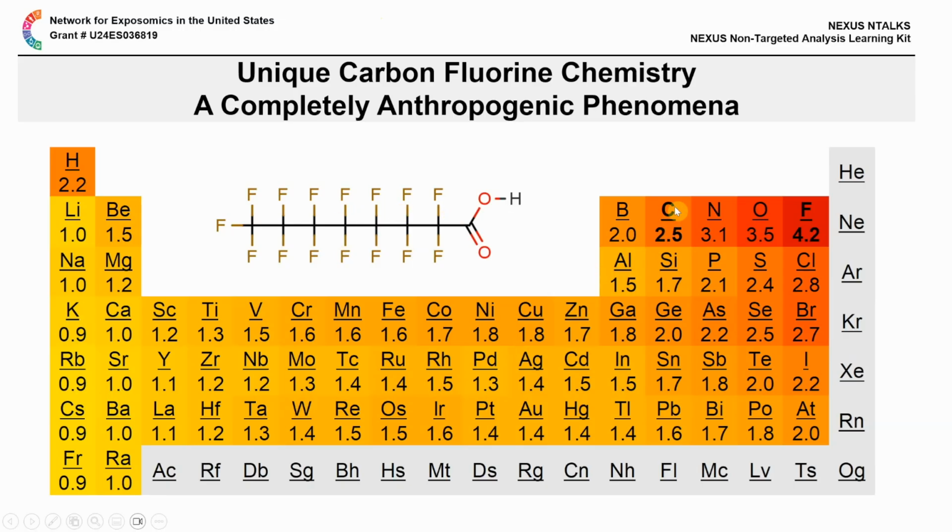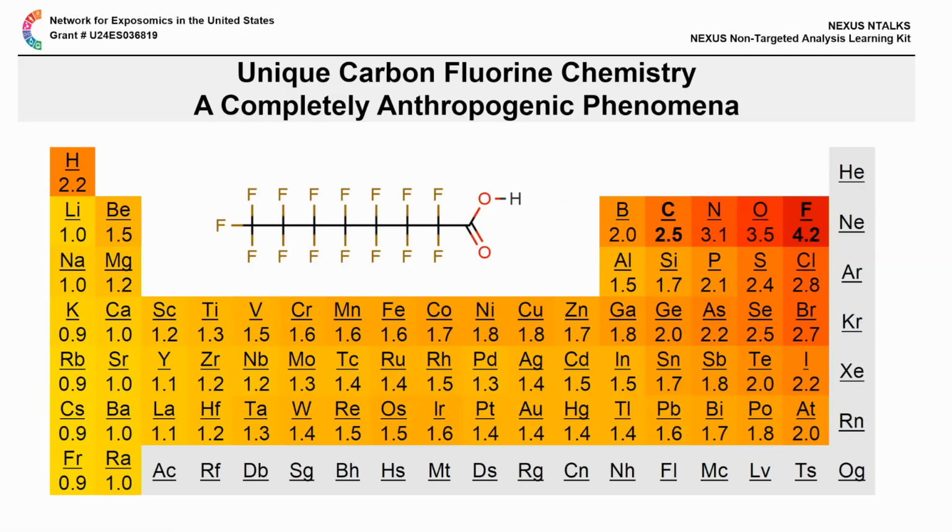If you look at carbon's electronegativity versus fluorine's electronegativity, that difference signifies the bond strength. And you can see that fluorine is the most electronegative atom on the entire periodic table, and therefore forms a very strong bond with carbon, stronger than oxygen, nitrogen, hydrogen, and so forth.